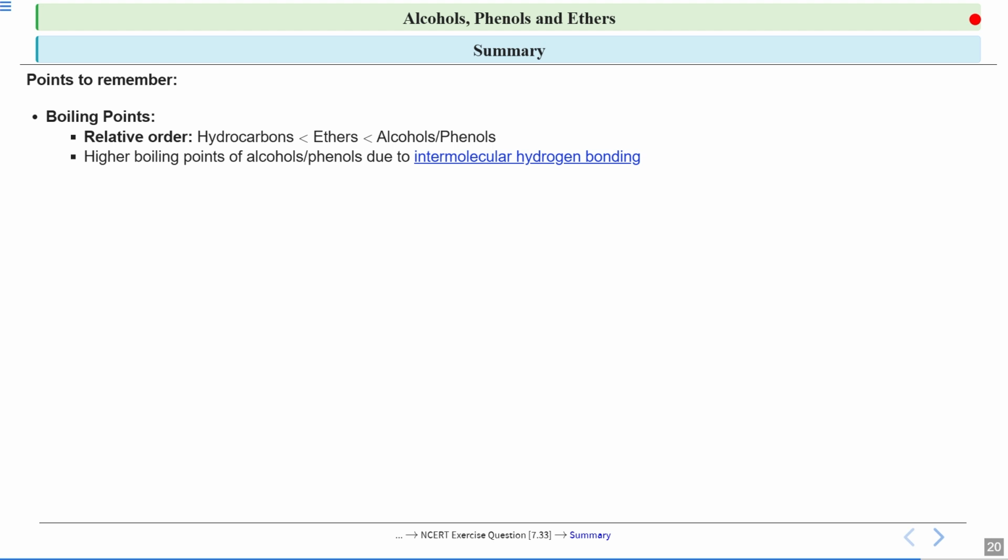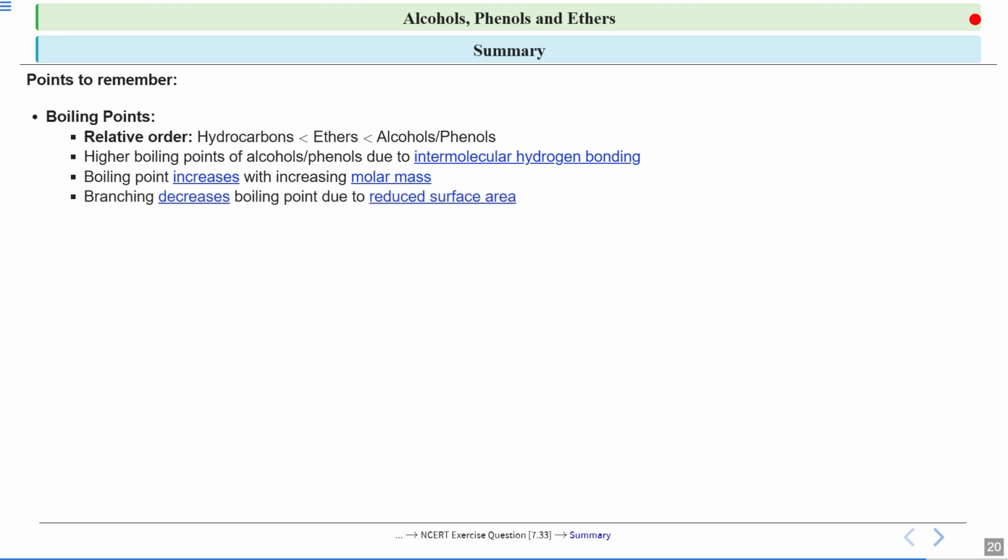We also discussed that the boiling point increases with increasing molar mass, because when molar mass increases, the van der Waals force also increases. So you have to give more heat, and the boiling point will also increase.